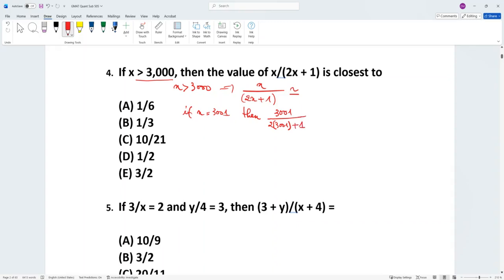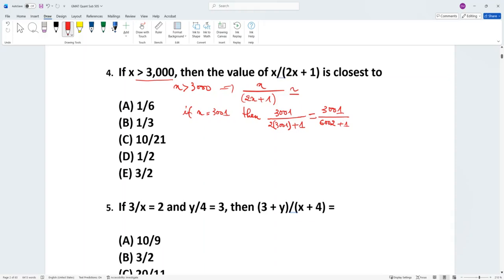Okay, so this is going to give us 3001 over 6002 plus 1.